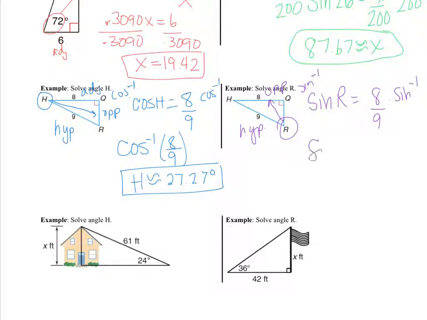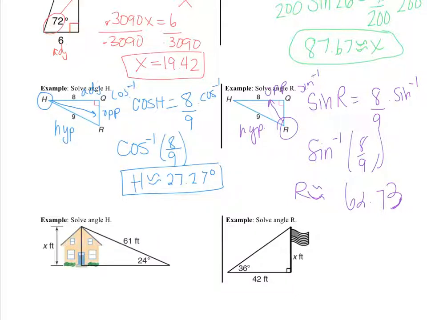On your calculator, sine inverse of 8 divided by 9, and you get that angle R is approximately 62.73.